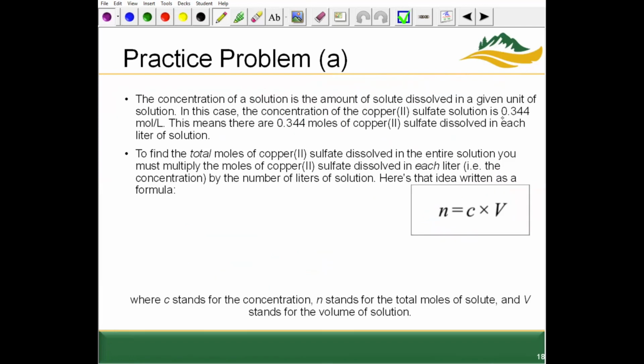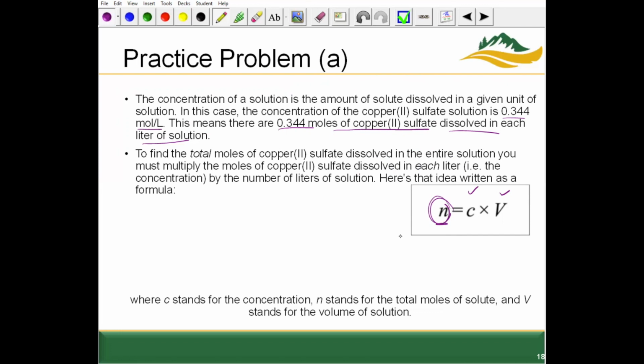Here's some additional context to essentially what I was mentioning. This 0.344 moles per liter, that's really 0.344 moles of copper 2 sulfate dissolved in each liter of solution. We want to solve for the number of moles, then go into grams. We were given a concentration and given a volume, but we don't have n here, so that's our only unknown.